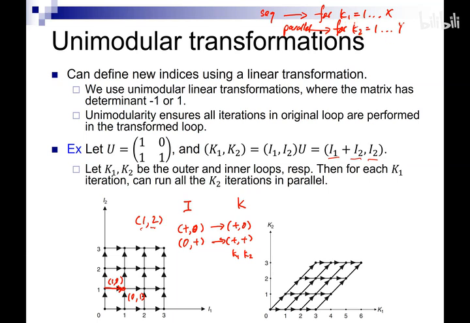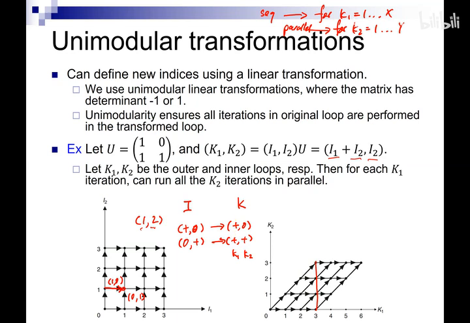Because they're both positive, when you're doing a particular K1, say K1 equals 3, then because these dependencies are positive in the K1 coordinate, the K1 equals 3 iterations only depend on things from K1 equals 2 or 1, something less than 3.